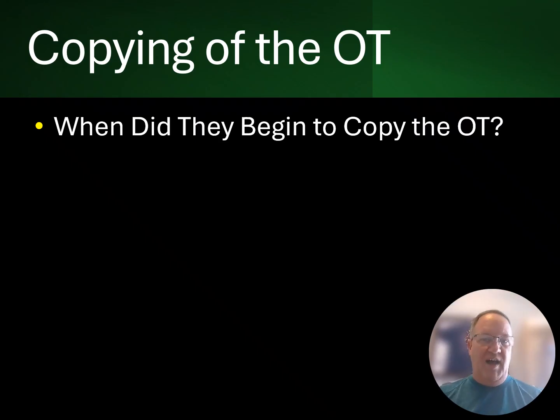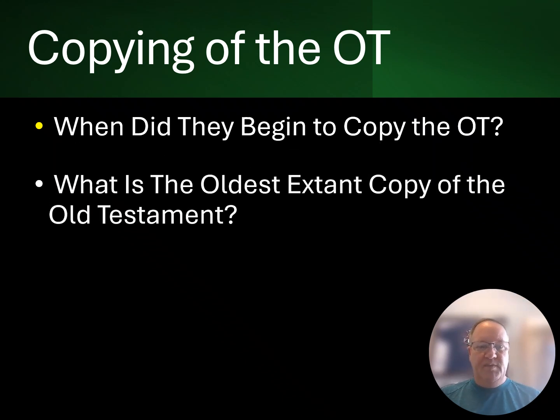Those did not survive. And so even if the kings did make a copy, which I highly doubt that most did, they're not in existence today. So that will not help us in trying to find a copy to make our copy. But that's one of the things we're going to be dealing with. When exactly is the evidence that they started making physical copies of the Old Testament?